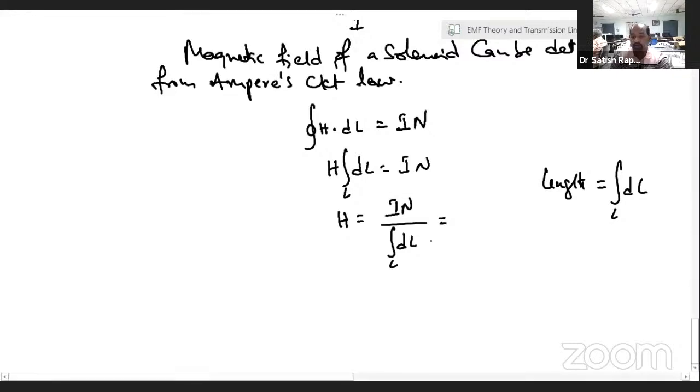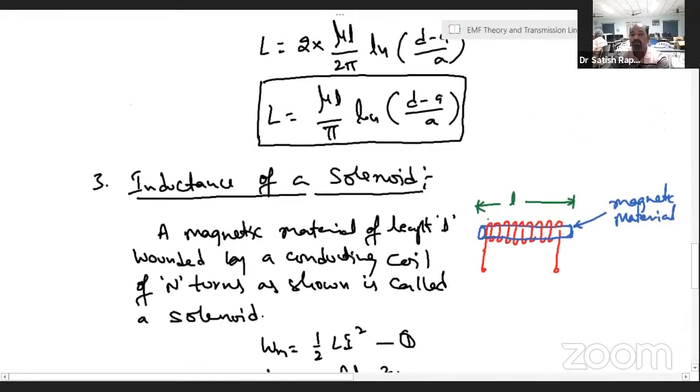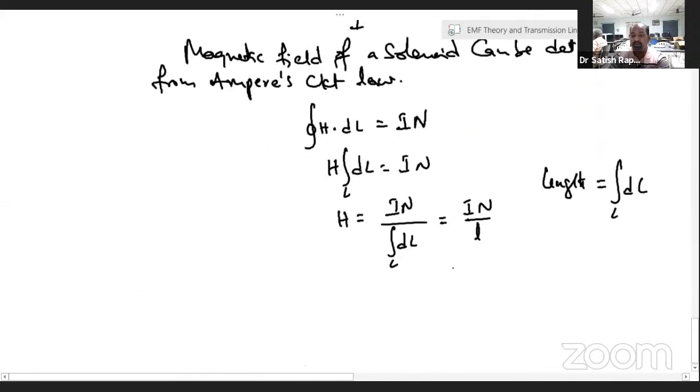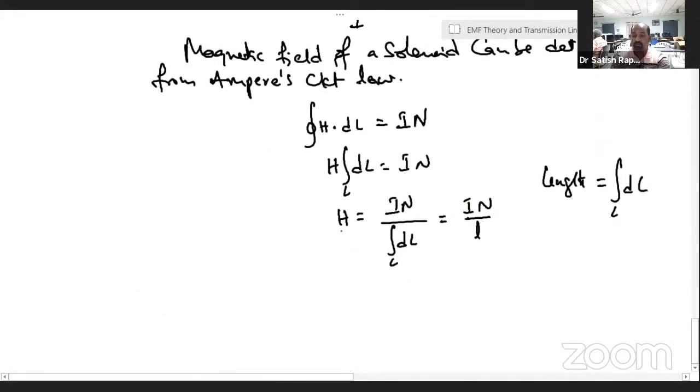The length of the solenoid we have considered is L, as you can see in the figure. Therefore H is equal to NI by L. Let us say this is equation 4.